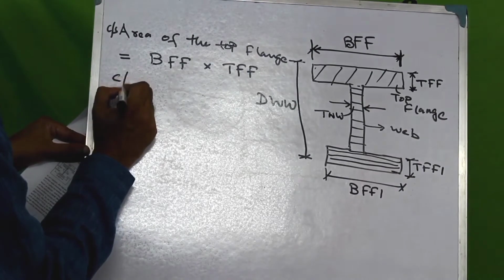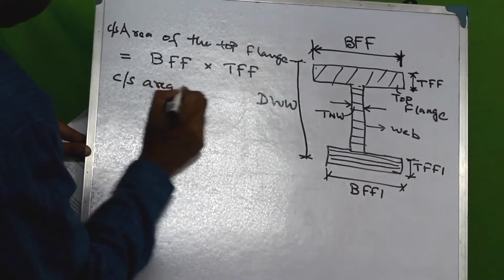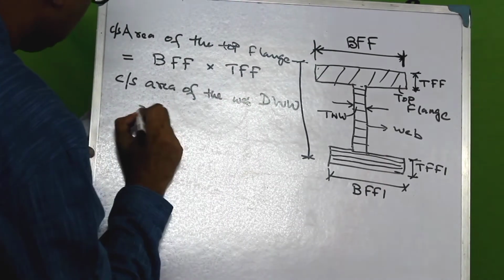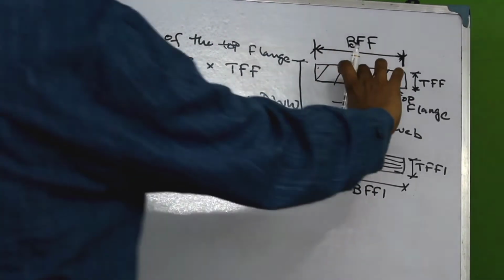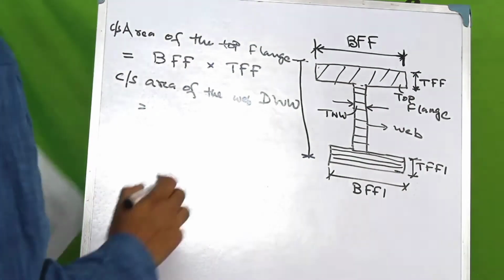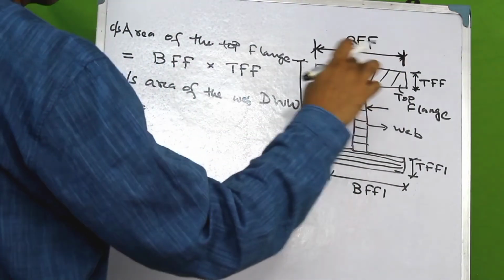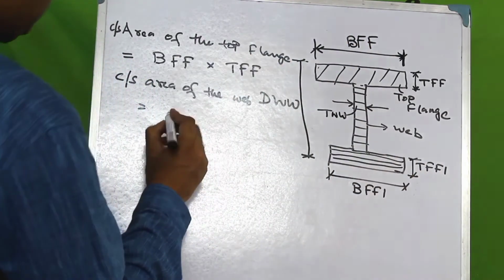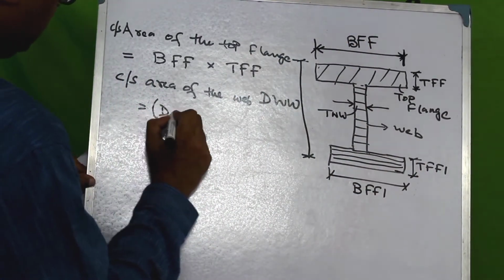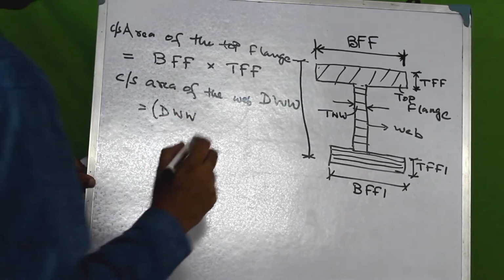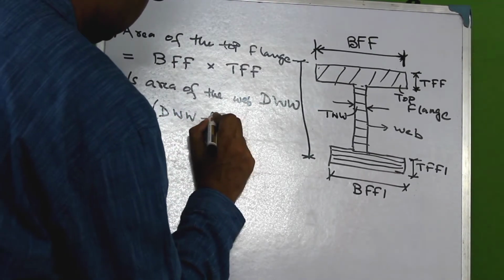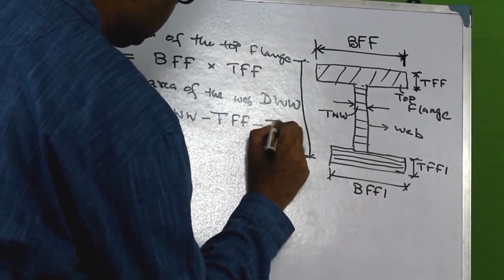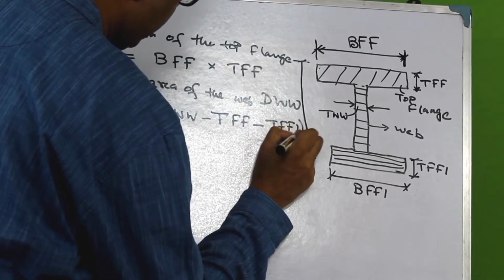What would be the cross-sectional area of this web here? Well, this is another rectangle. So it would be the depth of the web, which is the total depth minus the thickness of the top flange minus the thickness of the bottom flange.